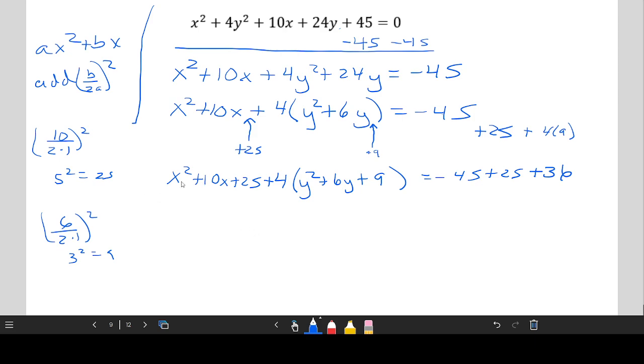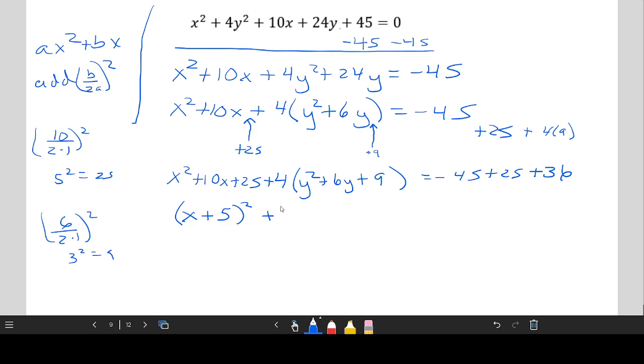Okay, now why are we doing this? Because x squared plus 10x plus 25 factors nicely. You can do your factoring technique off to the side if you like. This is going to be x plus 5 squared because 5 times 5 is 25 and 5 plus 5 is 10, and the middle term was positive, so it's going to be x plus 5, not x minus 5.